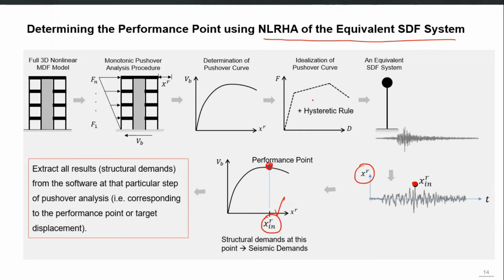So you have to tell the program which is modeling this single degree of freedom system what unloading or reloading rule should be used, right? So with this hysteretic rule and this dotted backbone curve, you can model that single degree of freedom system, run it in a matter of minutes and directly extract the peak response.